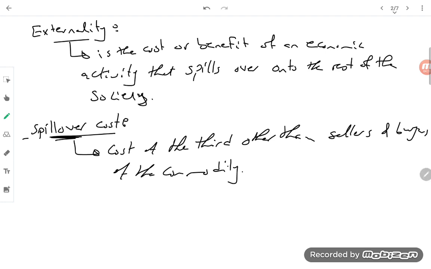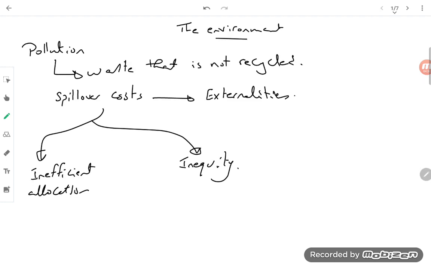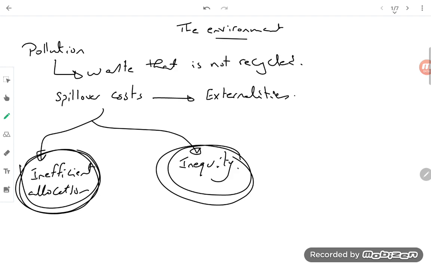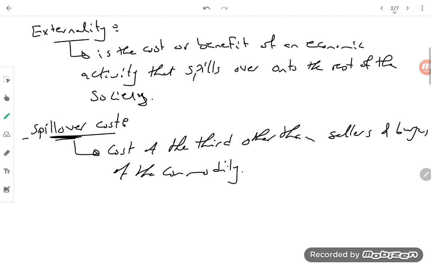Negative externality or spillover cost affects firms or individuals as they affect the two main problems, which is inequality, so the distribution of goods and services is going to be not an equitable one, and also affects the efficiency of allocation of resources.